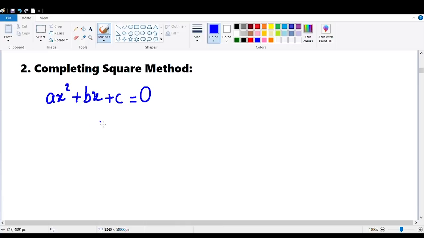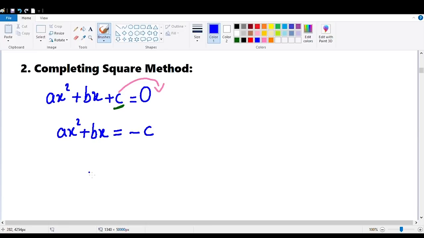And for this method, step number 1, as I already told you, you need it in standard form. Right, that's done. Next, we have the constant term, this c constant. We need to take it to the other side. And we'll get ax squared plus bx equals minus c.